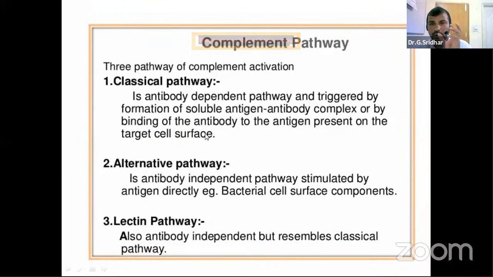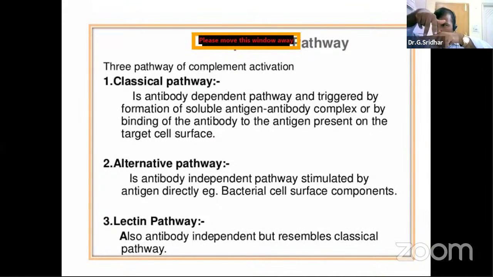Some of the antigens present on the membrane of the bacteria attach with immunoglobulins. Think that this is the antigen, attached by the immunoglobulin's FAB region. Then this is called the FC region. This FC region can activate the complement system.